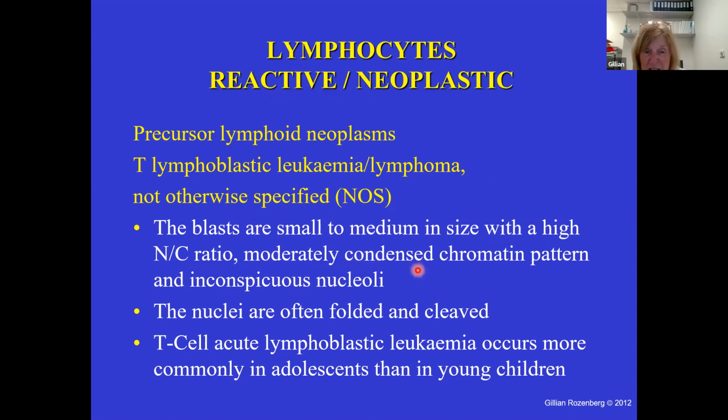They have moderately condensed chromatin pattern and inconspicuous nucleoli. The nuclei are often folded and cleaved. T-cell acute lymphoblastic leukemia occurs most commonly in adolescents rather than in young children. So basically the features are much the same as the B cell, but you do get these cleaved, folded nuclei.